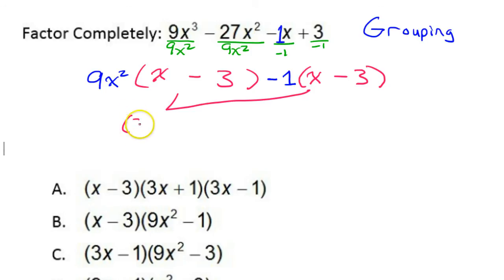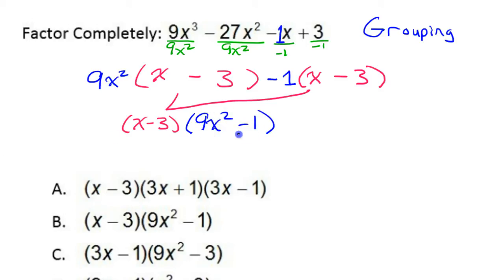And I will take that common factor and pull it out front. I will factor it out the way I always do whenever I have a common factor. Now if I take these away, then what will be left behind? Well, that's going to leave behind the blue parts, 9x squared minus 1.